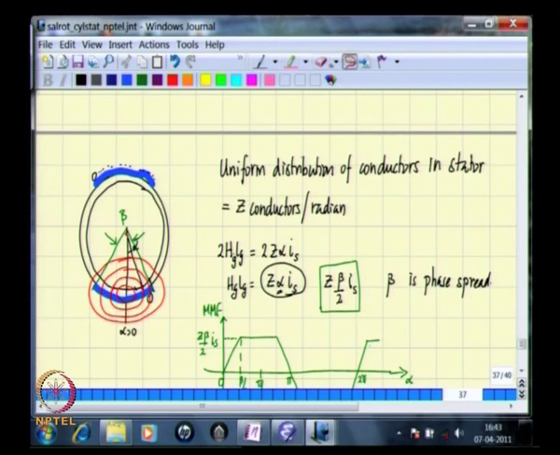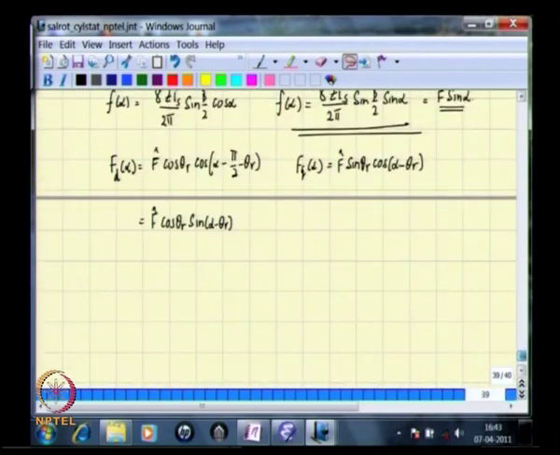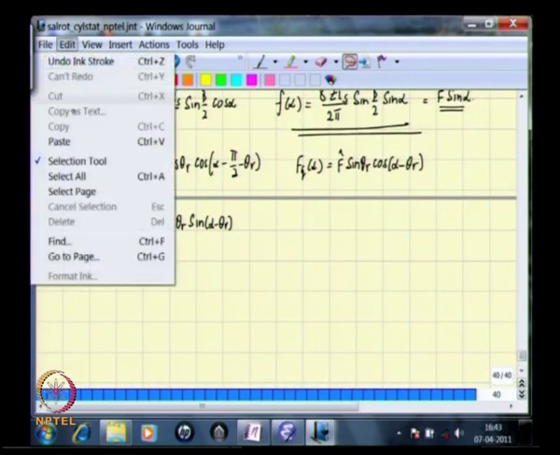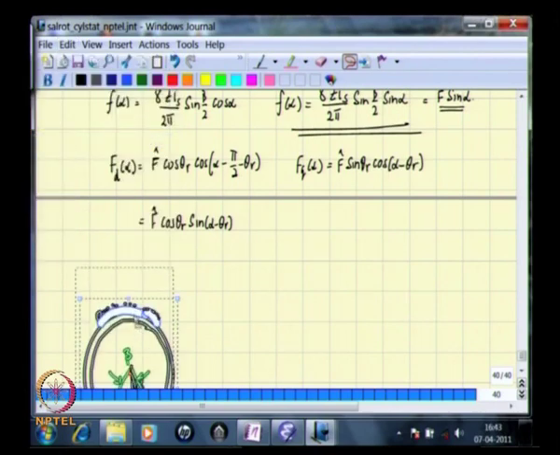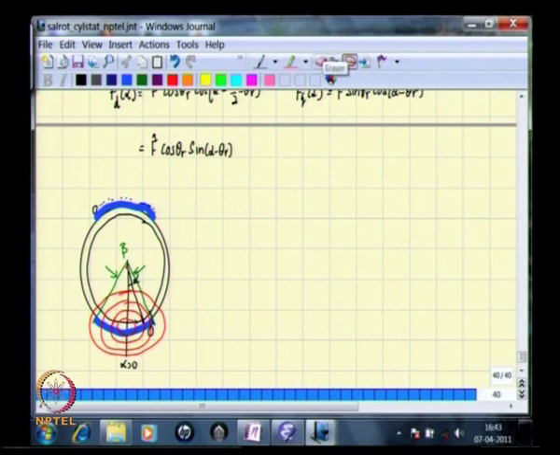let me copy this figure, and erase some of the things that are not required.